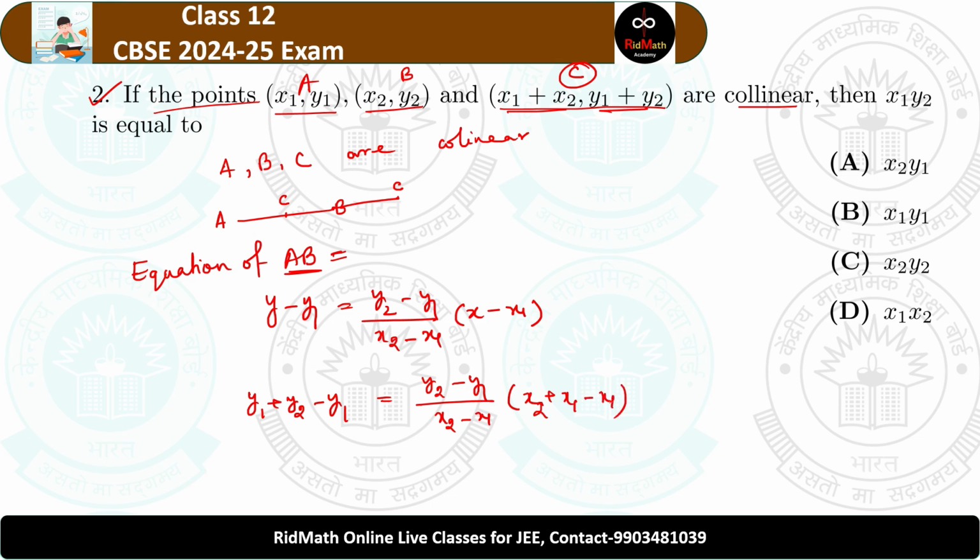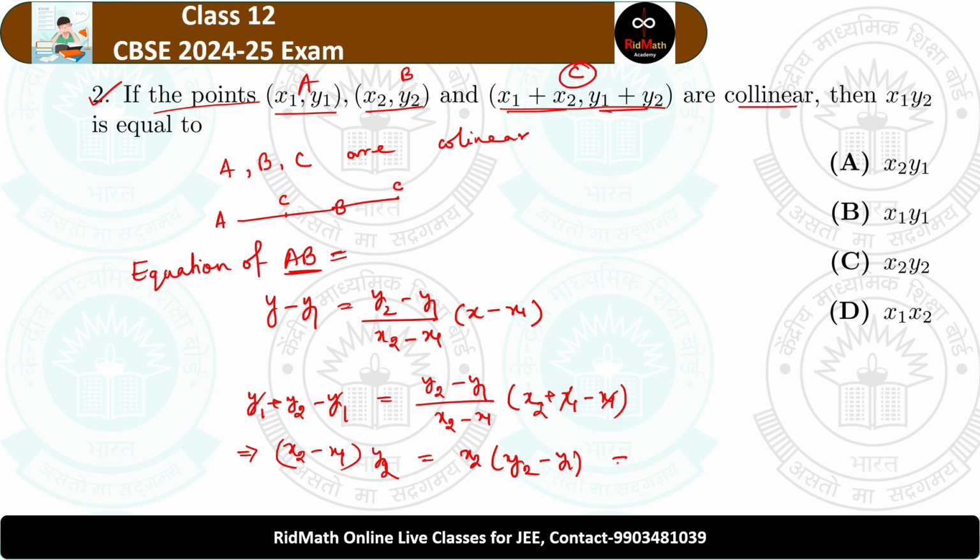So x1 cancelled, y1 cancelled, and this is equal to x2 into (y2 minus y1).